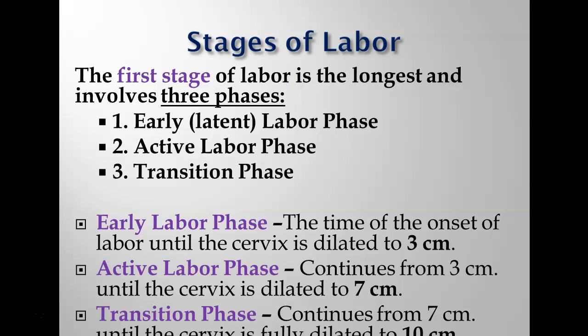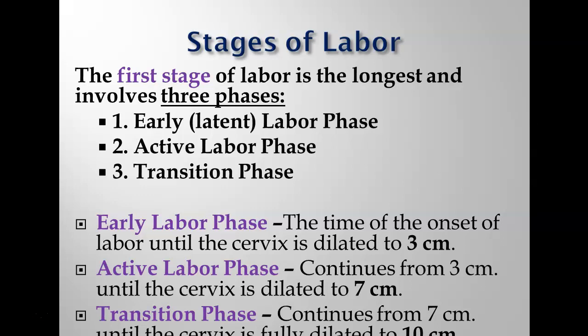The first stage of labor is the longest stage, and it involves 3 sub-phases, if you will. There's an early, or what we call latent, labor phase, there's an active labor phase, and then there's a transition phase. In early labor, it's the time of the onset of labor, so when mom starts to go into labor, until the cervix reaches a dilatation of 3 centimeters.